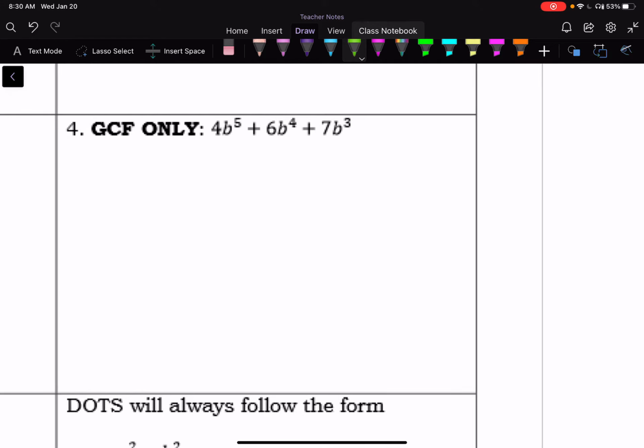Number 4 is a GCF only. So I'll list my factor pairs of 4, which is 1 and 4, 2 and 2, and 5 b's. My factor pairs of 6, 1 and 6, 2 and 3, and 4 b's. And 7 is 1 and 7, and 3 b's.